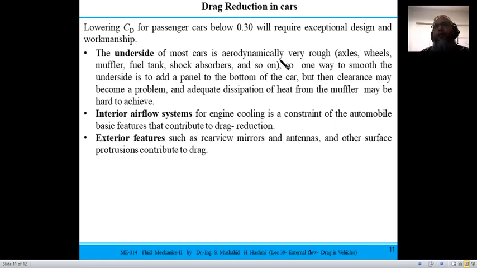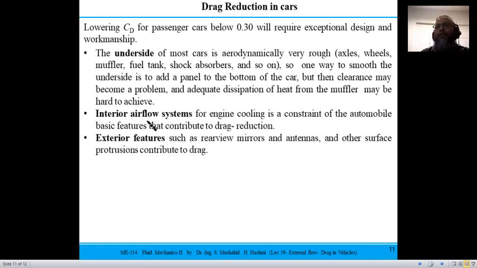One way to reduce this is to add a panel to the bottom of the car. But bringing the panel to the bottom of the car reduces the ground clearance, and since the muffler is also placed there, which is dissipating heat to the environment, it affects the heat transfer as well.